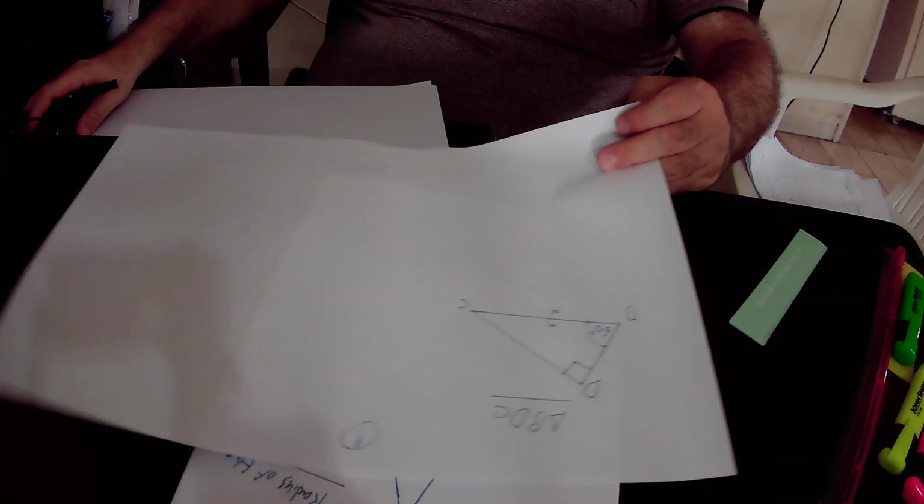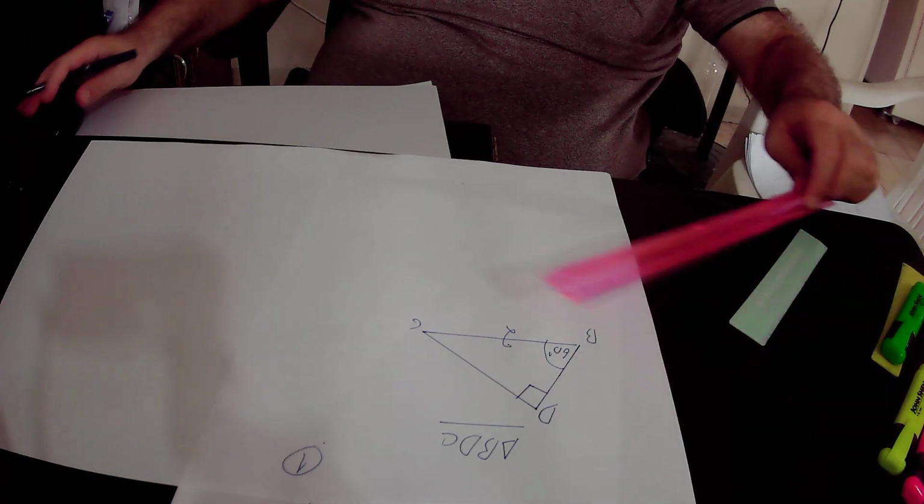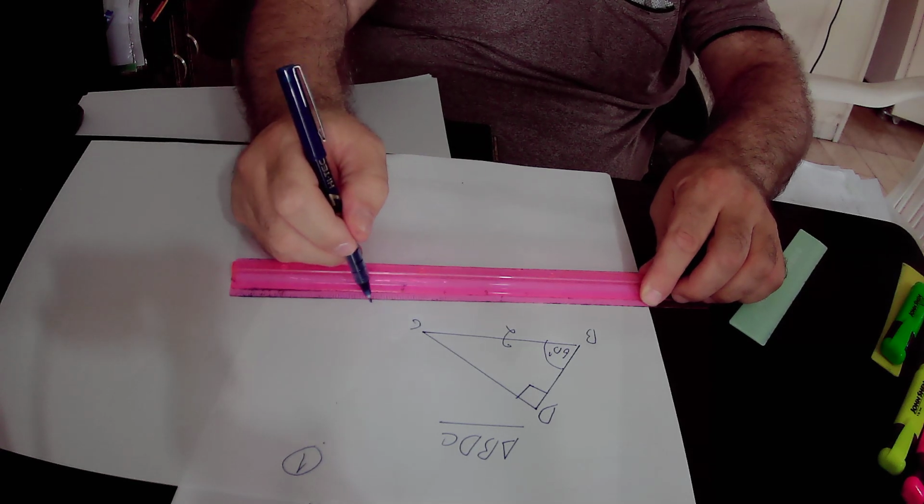This is the right triangle, triangle BDC, that I copied from the original drawing.